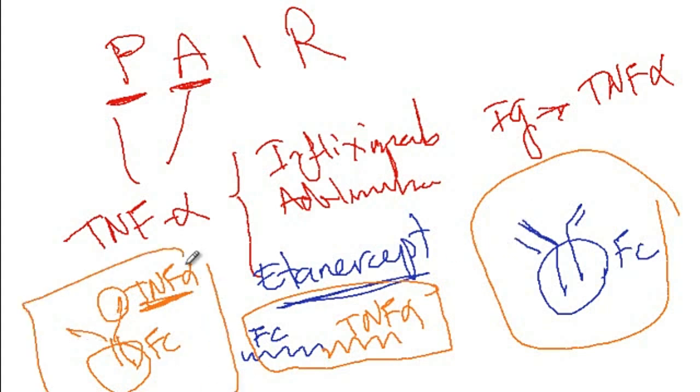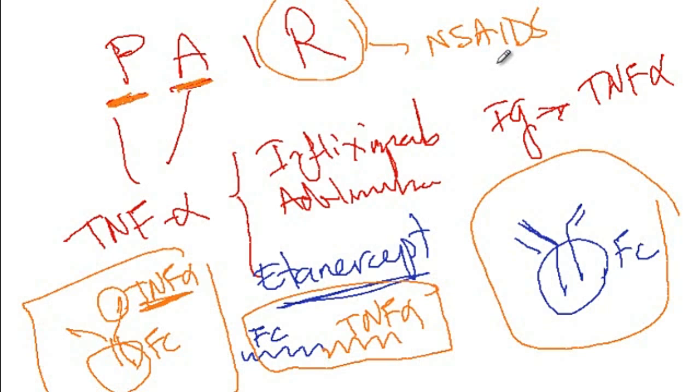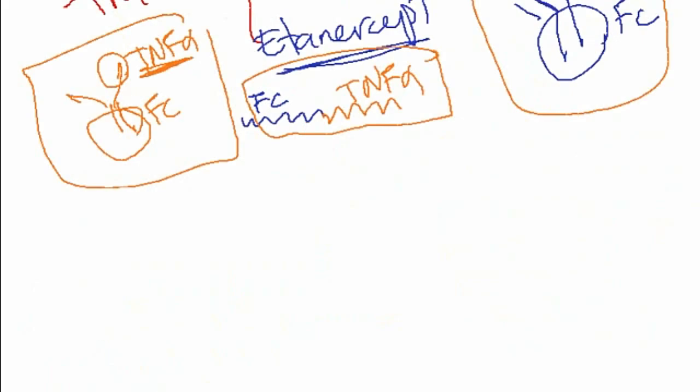And then this etanercept can be used for the treatment of either psoriatic arthritis or ankylosing spondylitis. Reiter's, I just reviewed it with you. You can treat that with NSAIDs or if antibiotics is needed for the treatment of chlamydia. And then finally, we have the inflammatory bowel disease.